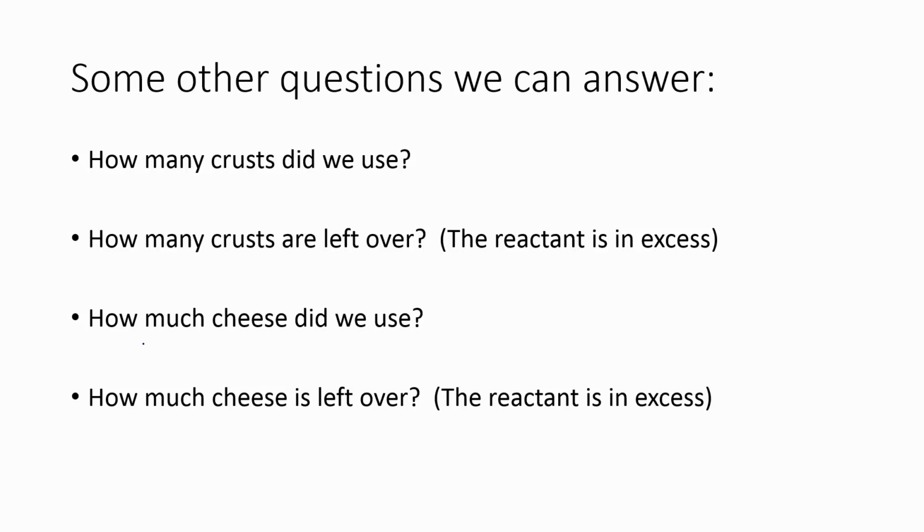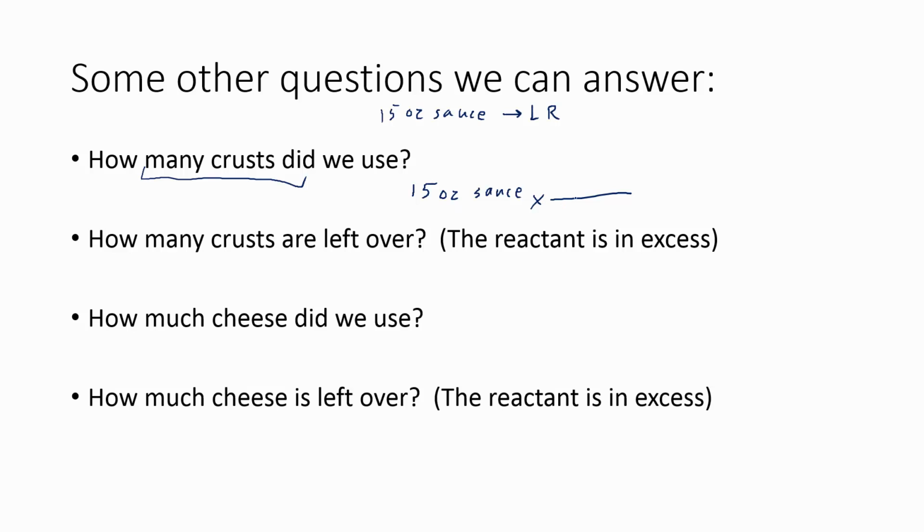Well, we can answer some other questions too. We can say, all right, sure, I ran out after using that 15 ounces of sauce. That was my limiting reactant. But how many crusts did we use? All right, when I'm calculating anything with limiting reactant problems, anything about how many pizzas did I make, how many crusts did I use, how much cheese did I use, you're always going to start with the limiting reactant because that's the one that's going to stop the reaction dead in its tracks once it runs out.